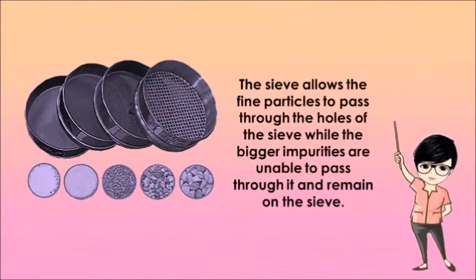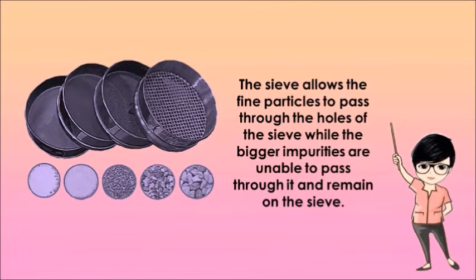The sieve allows the fine particles to pass through the holes of the sieve, while the bigger impurities are unable to pass through it and remain on the sieve.